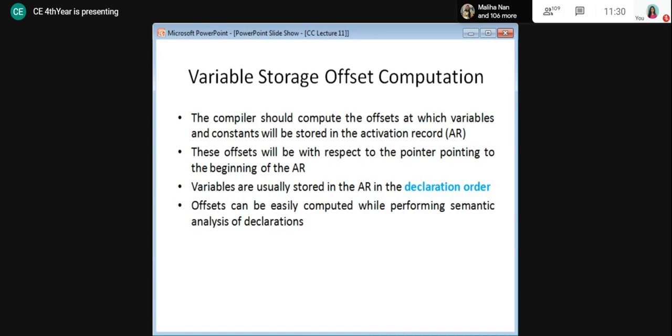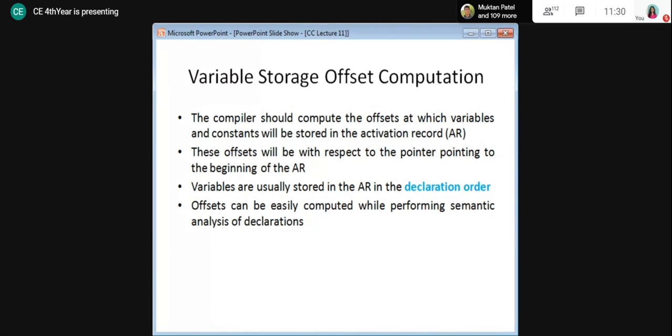From that base, we consider these offsets. The variables are usually stored in the AR in the declaration order. Here, declaration order means the order in which you declare the variables in your program. That is how they will get stored in our AR. But this is just a general scenario for a particular implementation. It may be different, but most compilers follow this strategy.